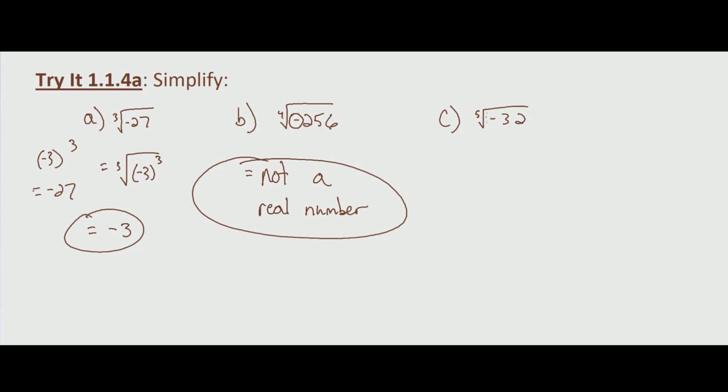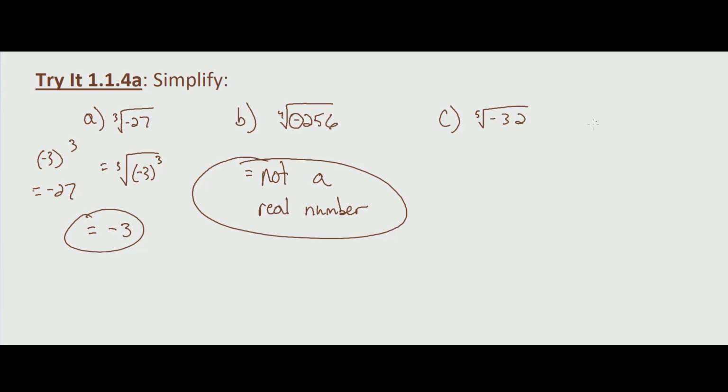Part C, again, we have an odd index. We're taking the fifth root, so we can have a negative value under the radical. We need to recognize what number multiplied by itself 5 times is going to be -32.